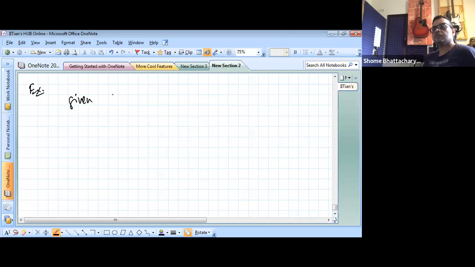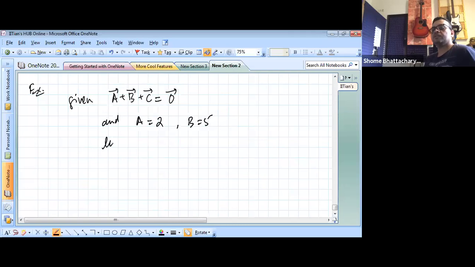Given that A plus B plus C is equal to 0, that is, the resultant sum of these three vectors is equal to 0, and magnitude of A is 2 and magnitude of B is 5.